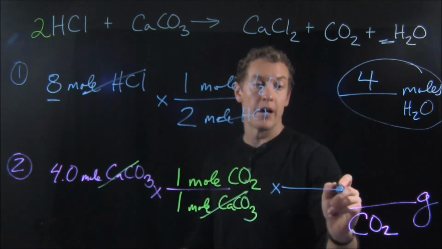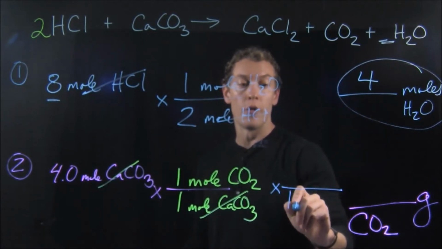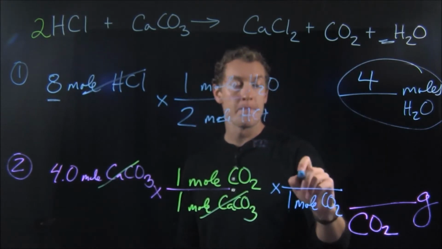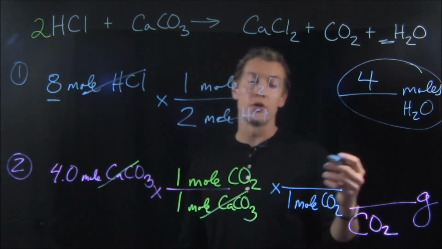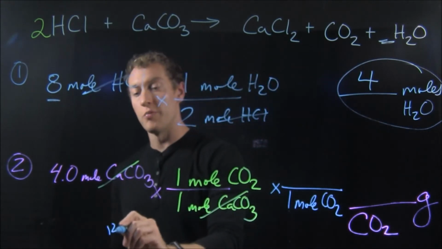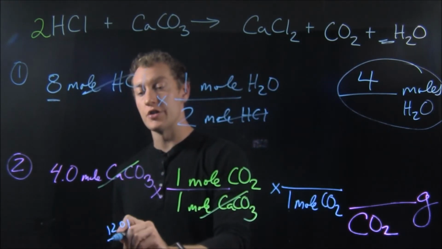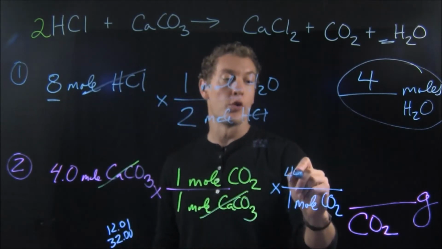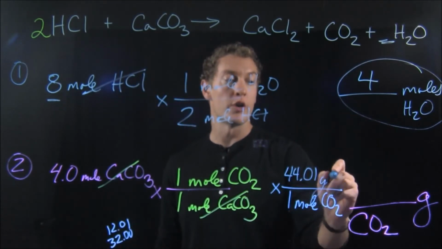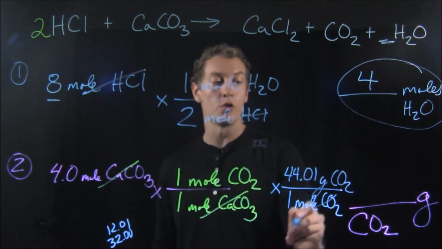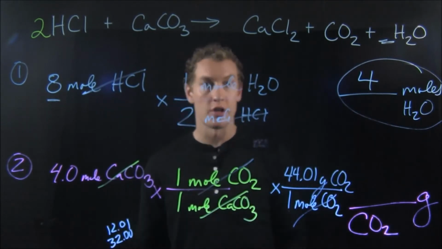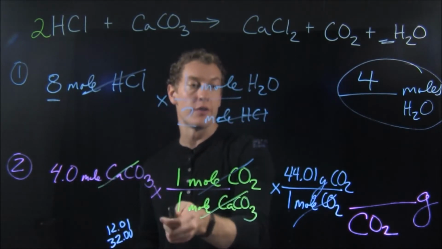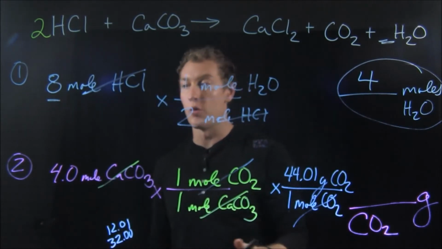We're going to multiply that by the ratio of 1 mole of CO2 for every, so you can go to a periodic table. Carbon is 12.01, oxygens are each 16, so that's 32. It's 44.01 grams of CO2 for every 1 mole of CO2. Moles of carbon dioxide divide away. 4 times 1 divided by 1 times 44.01.